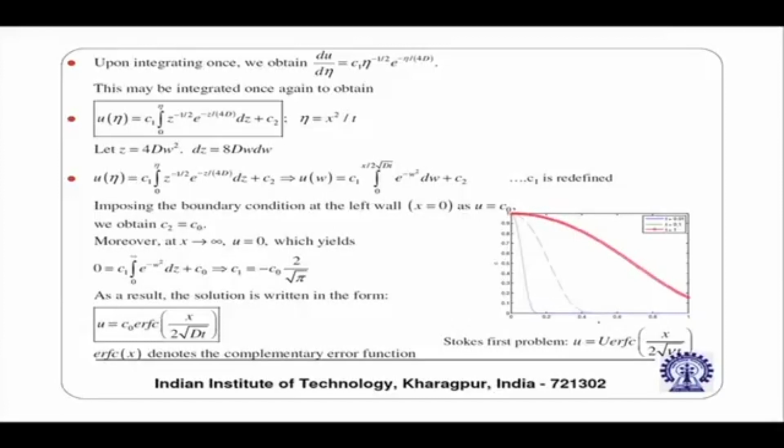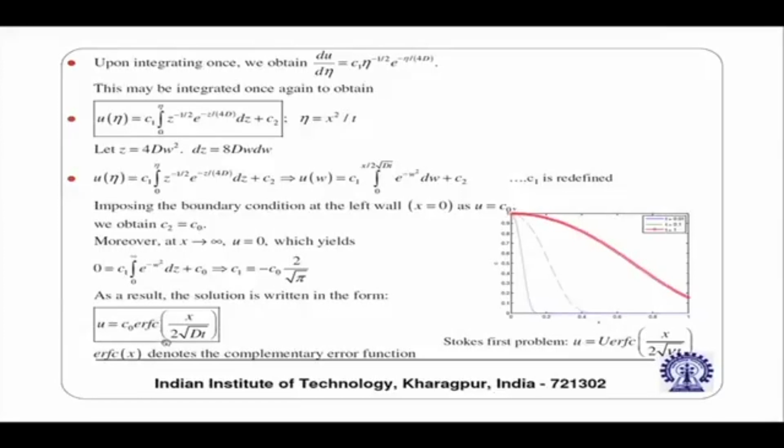Far away from the plate, which was subjected to a species source, it does not feel the effect of the species source. So at x tends to infinity u equal to 0, and that will give the solution u equal to C0 into complementary error function of x by 2 root Dt.